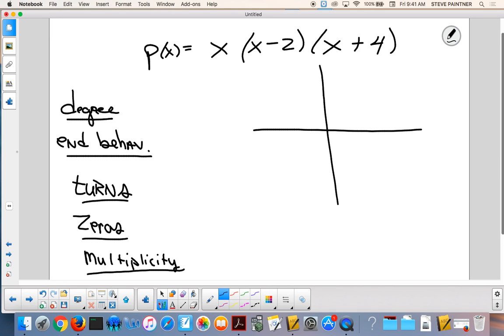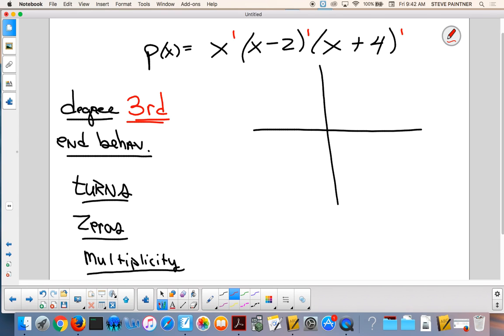Okay, are you ready? Degree, what degree is it? Third. How do you know? Because they're all one. The multiplicities are all 1, so 1 plus 1 plus 1 makes what? Third.